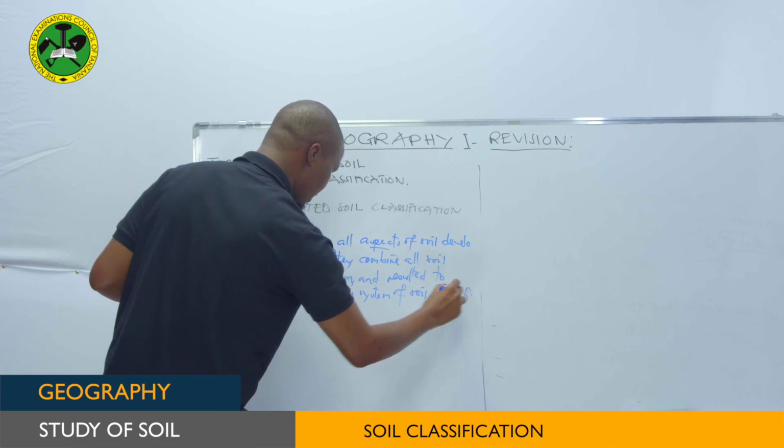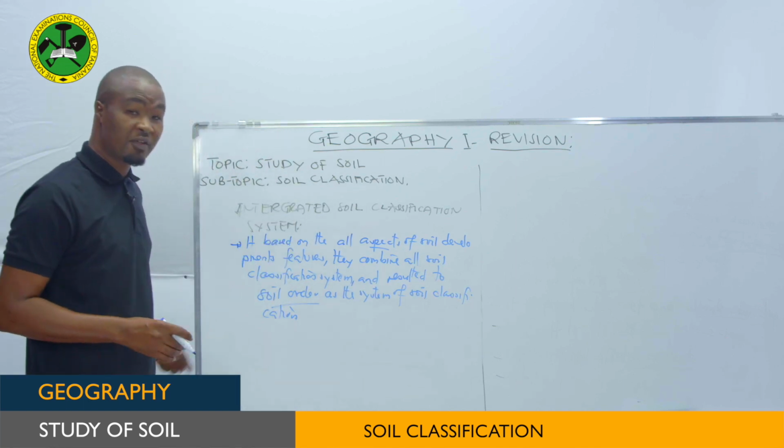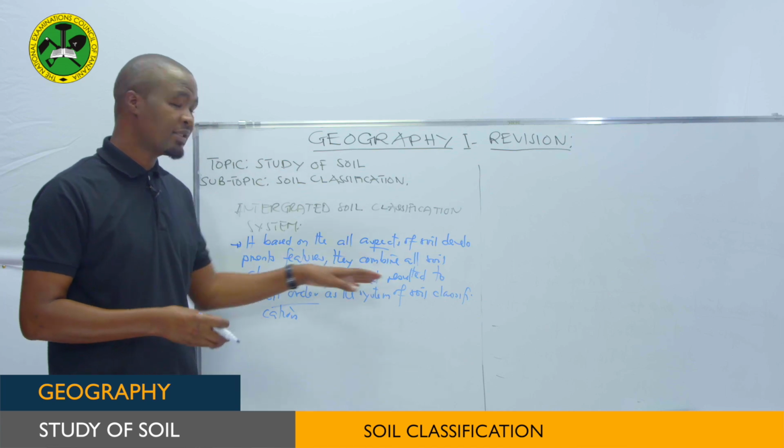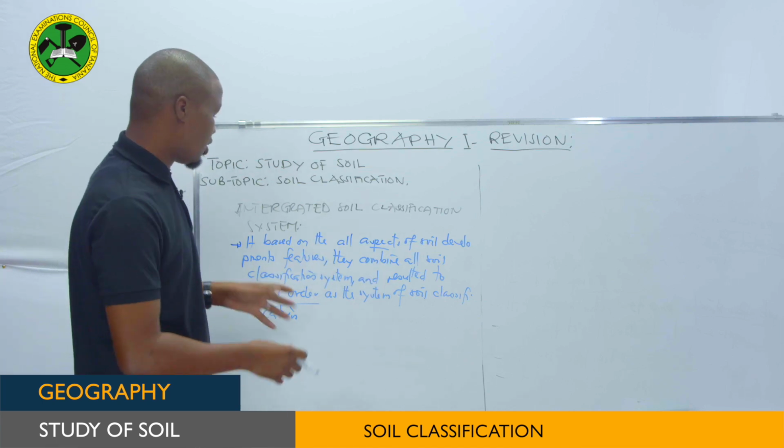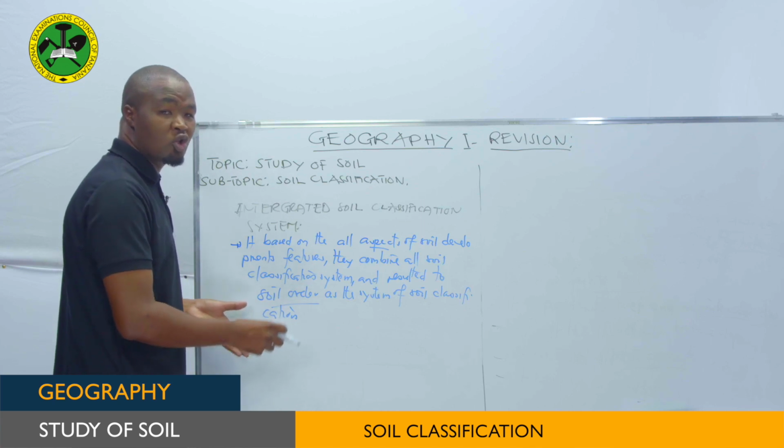Are we together, class? It means in integrated soil classification, they have combined all other systems of soil classification, and right here they were trying to explain soil according to order.